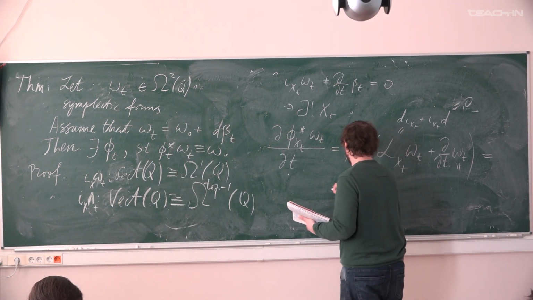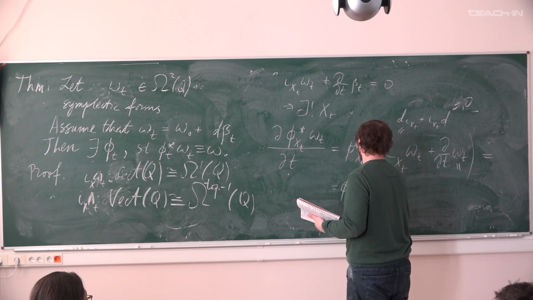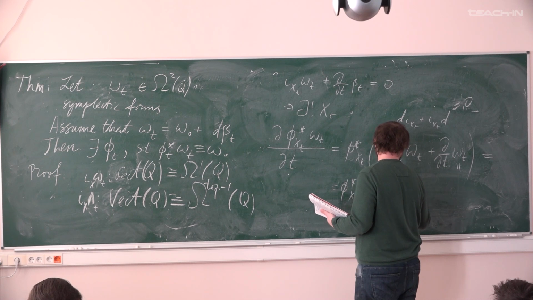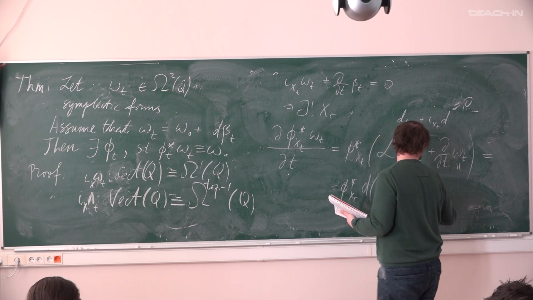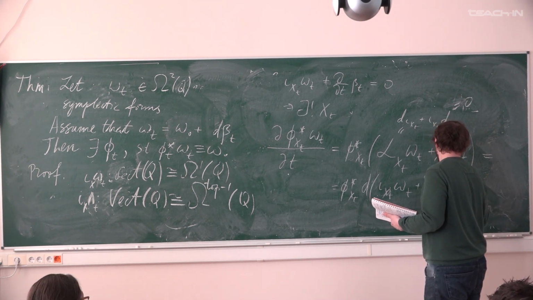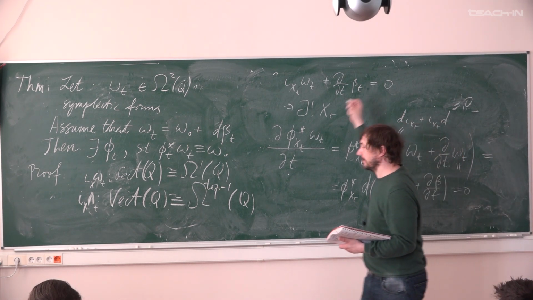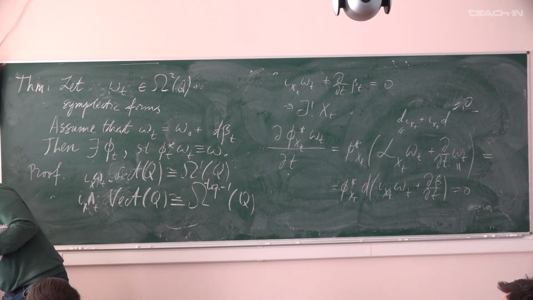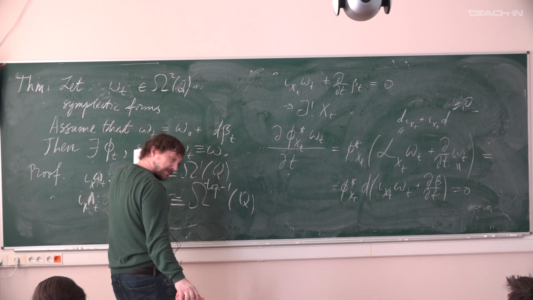So eventually you'll get φ_t star d of i_{X_t} of ω_t plus dβ/dt. And that's 0 again by this equation. Nice. So you see, this works perfectly well.